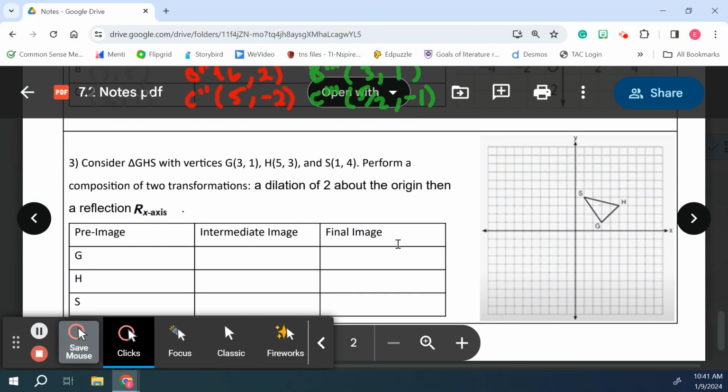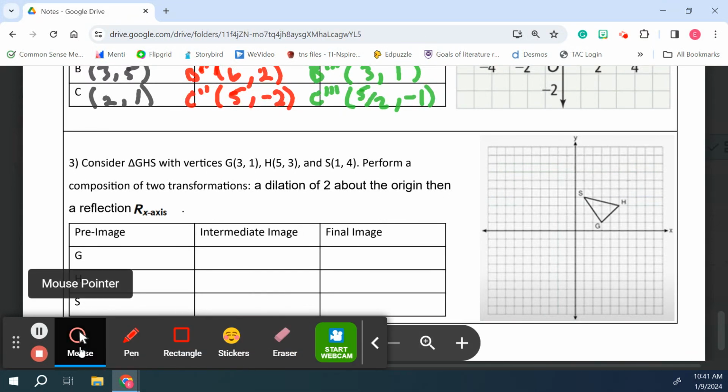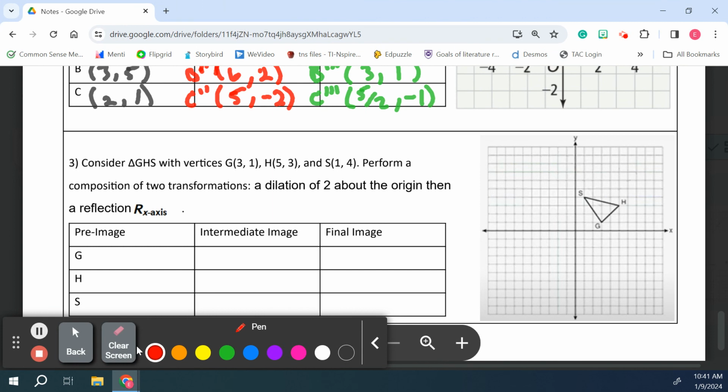All right, so if you guys take a look here, they're telling us that we have 3, 1, 5, 3, and 1, 4 for these points. So that is what I am going to write in here. G is 3, 1, H is 5, 3, and S is 1, 4. Now they're saying that they want a dilation of 2, which means everything gets multiplied by 2.